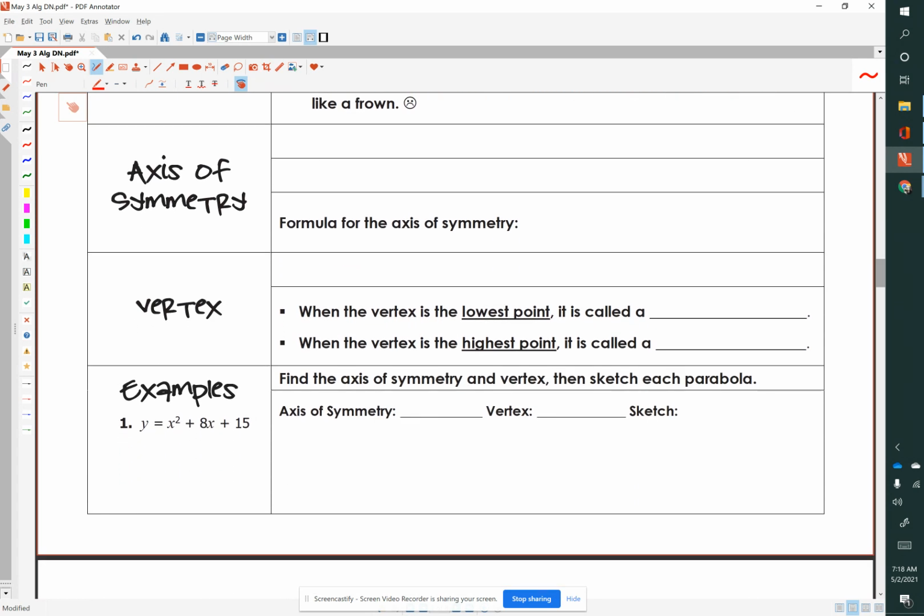Now, the vertical line that divides the parabola into 2 equal parts is the axis of symmetry. So the axis of symmetry is the vertical line that divides the parabola into 2 equal parts.